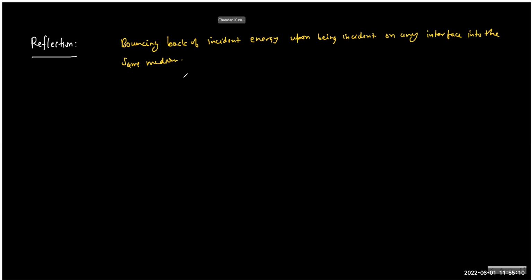Now we'll go to a very simple concept. Can you tell the difference between surface and interface? Every surface is an interface. Interface is defined for the medium. So if we have no medium, let's say vacuum, then we call it surface.